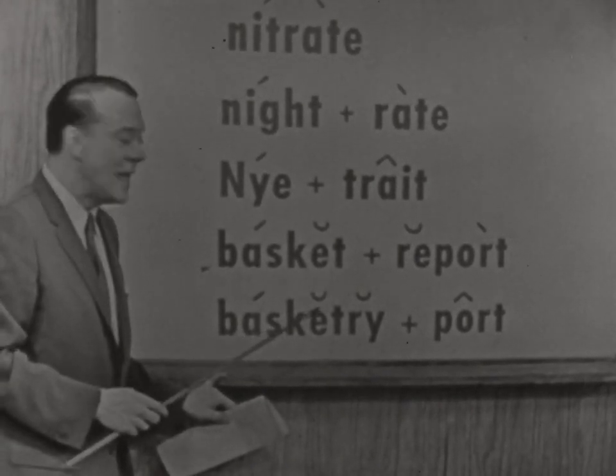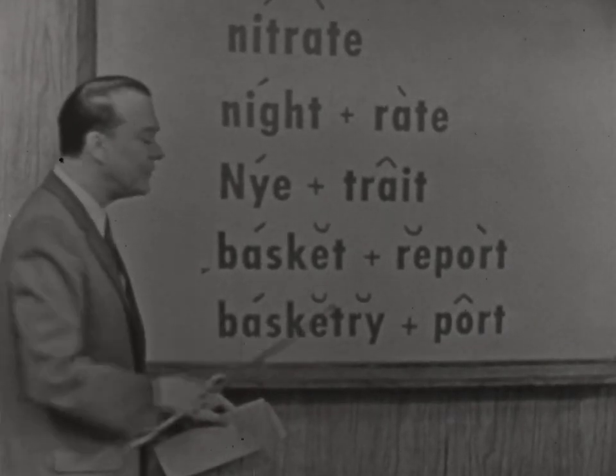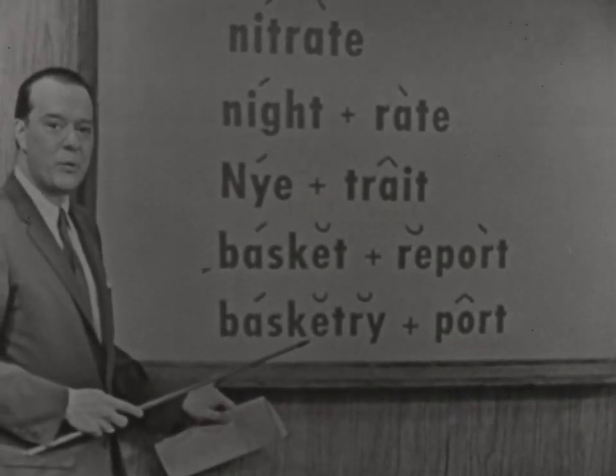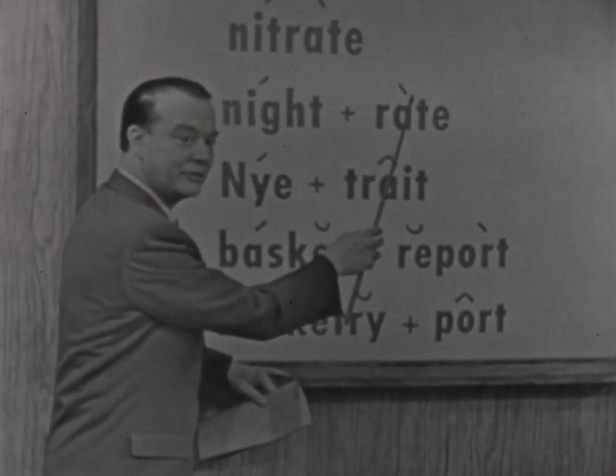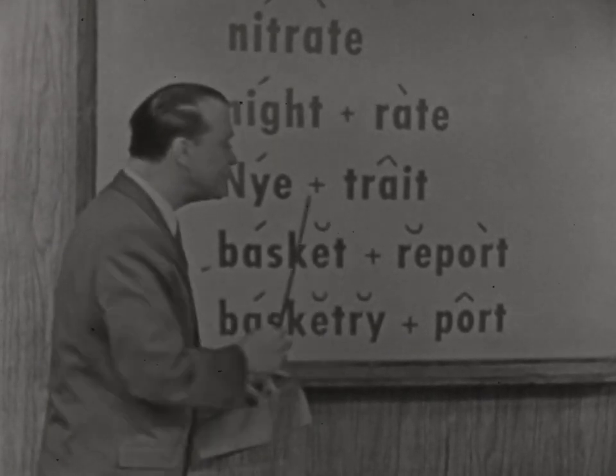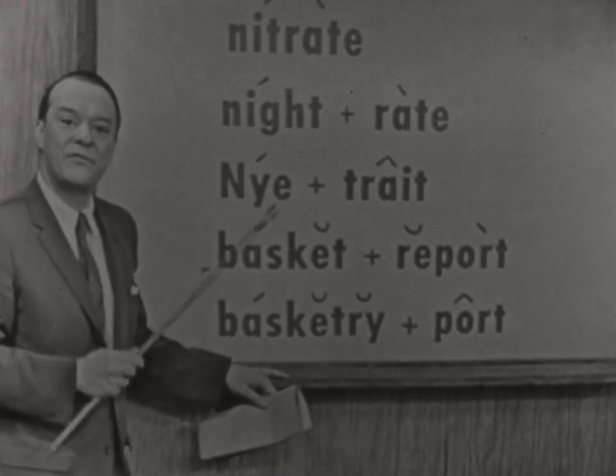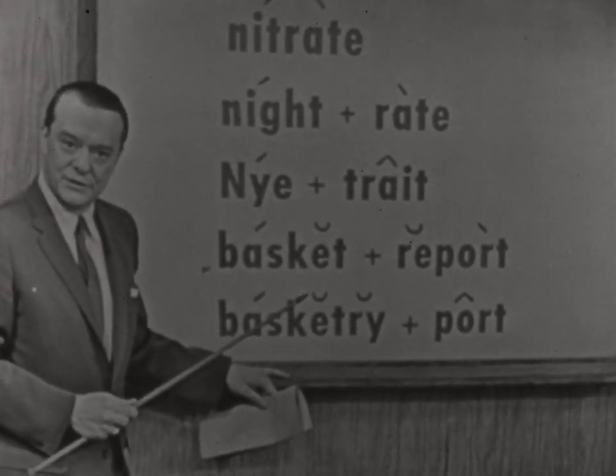Basket report. In other words, where these particular things occur is of extreme importance. And the combination of these stresses and the kind of juncture is what we call the phrase superfix.